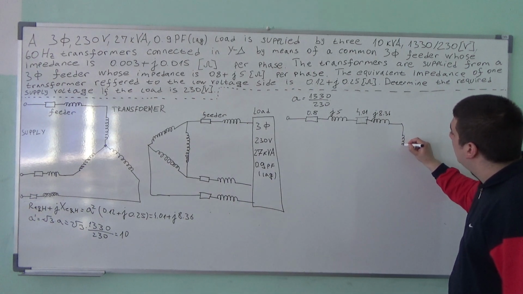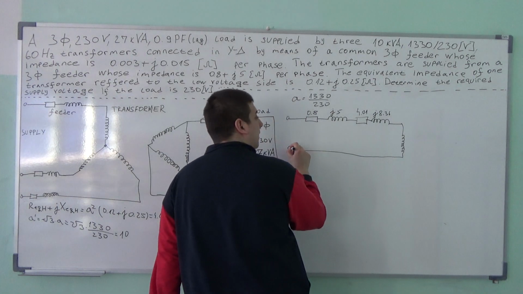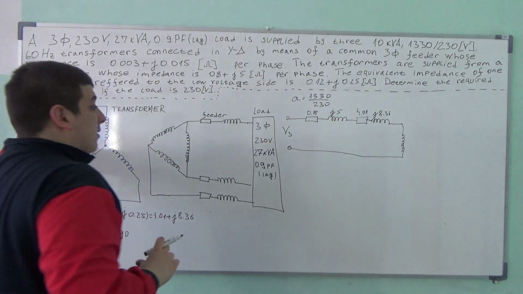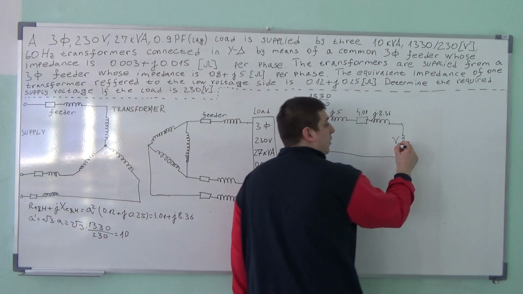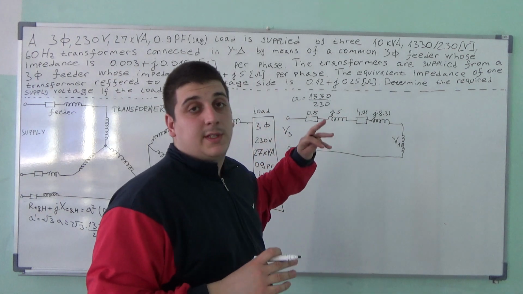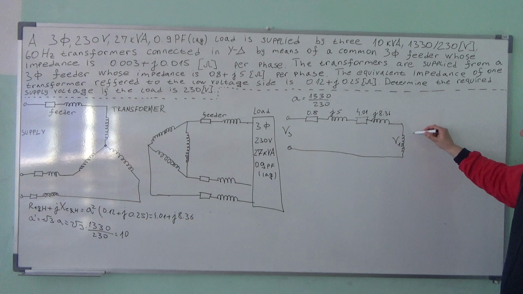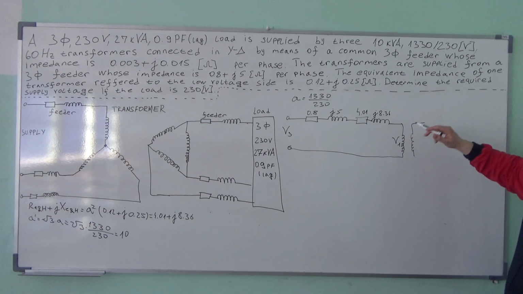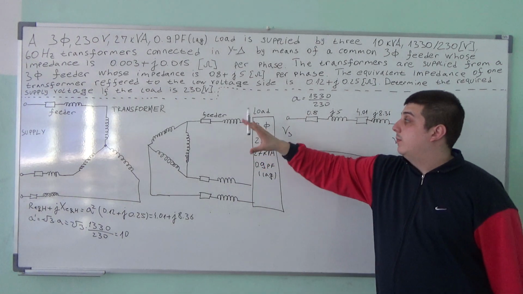Now we can draw some windings over here, and this is the supply voltage on the primary side, and this is the voltage V1 on the coil of the primary side of the transformer. On the secondary side, we have a feeder impedance, not on the load.